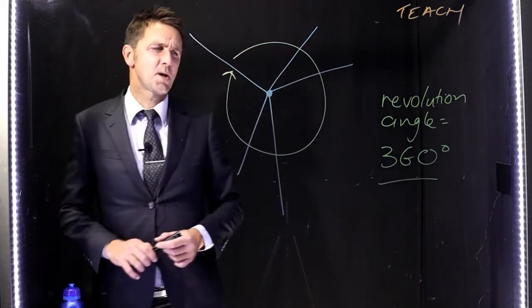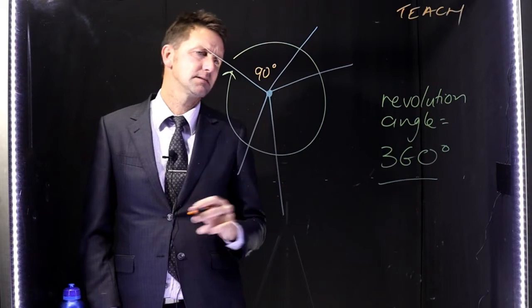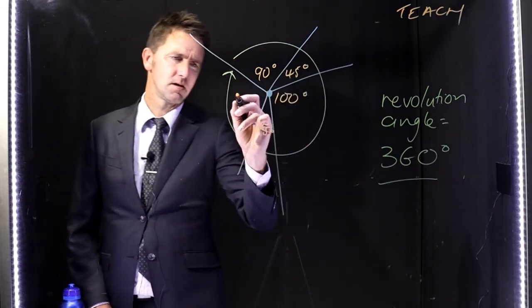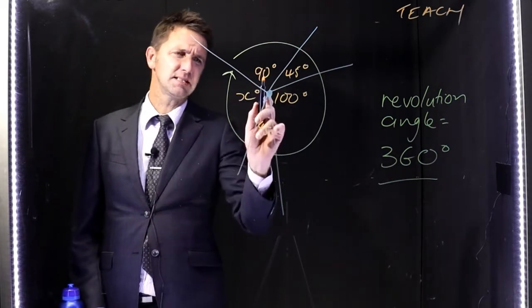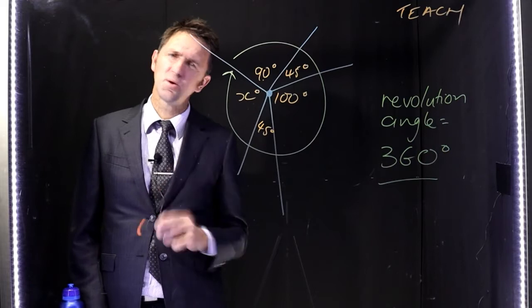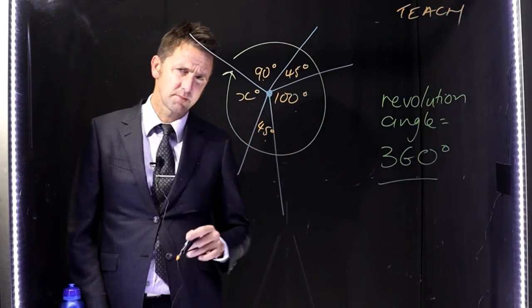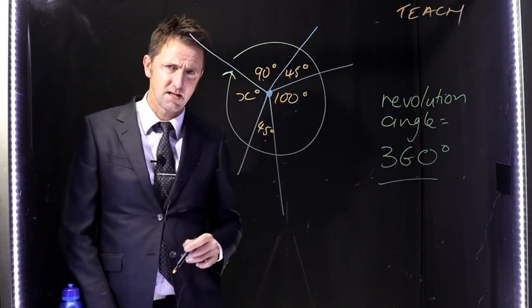when we get a question like this, that's 90 degrees. When we get a question like this, what's the value of x? We can see that this is 90 degrees, that's 45 degrees, that's 100 degrees, that's 45 degrees. Do not get out your protractor and measure the value of x.